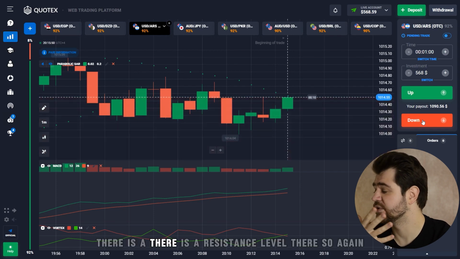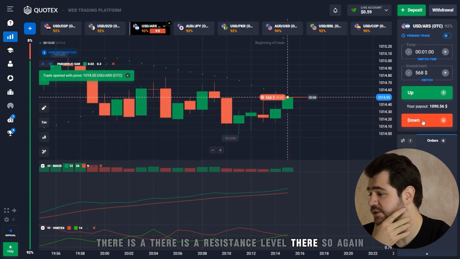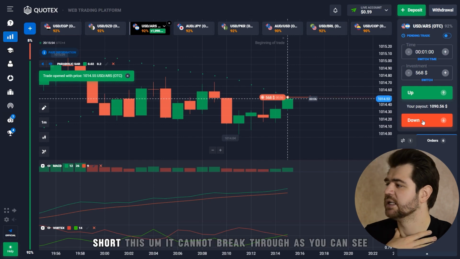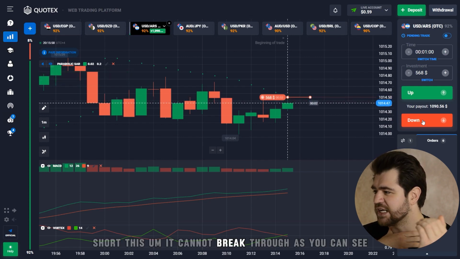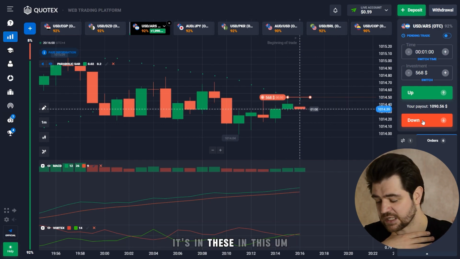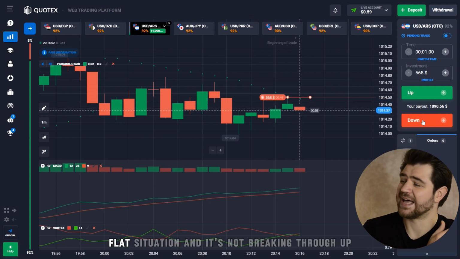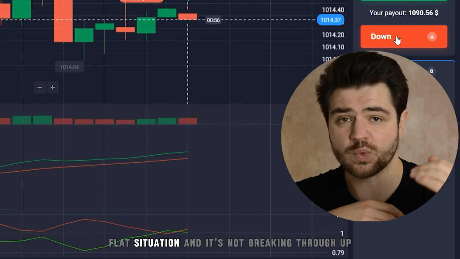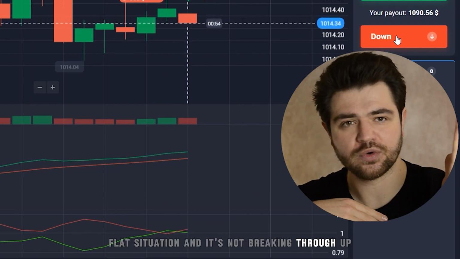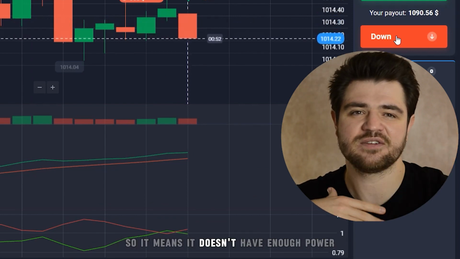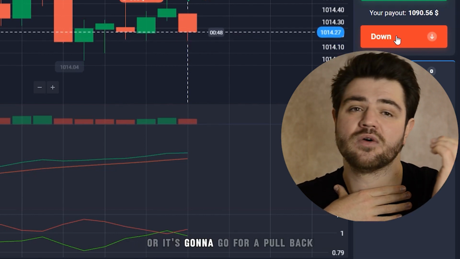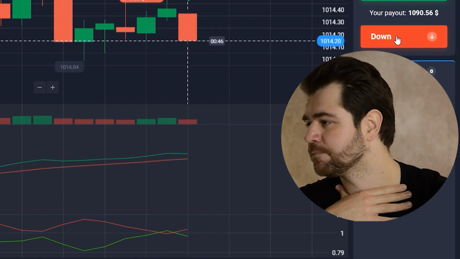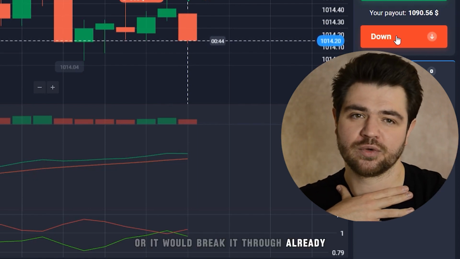There is a resistance level there. So again, short. It cannot break through. As you can see, it's in this flat situation, and it's not breaking through up. So it means it doesn't have enough power yet, or it's gonna go for a pullback, or it would break through already.